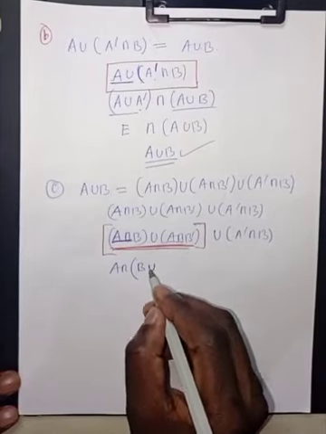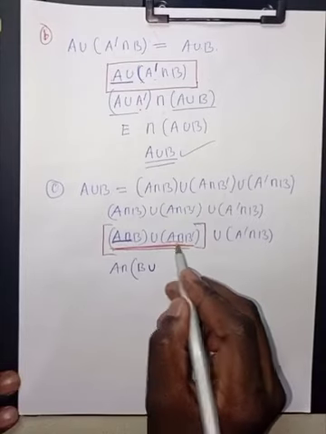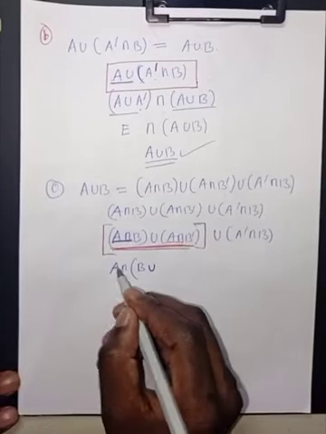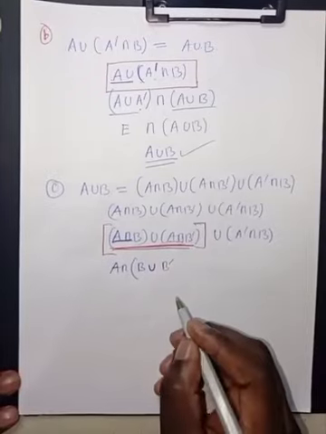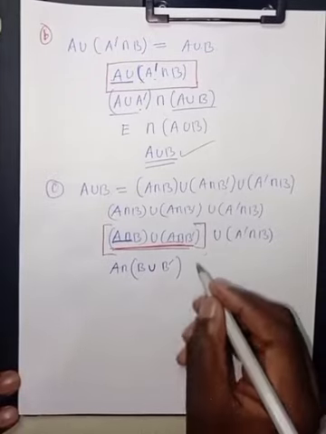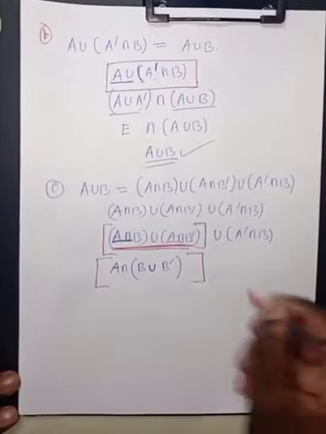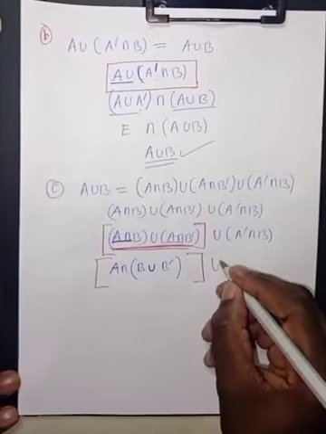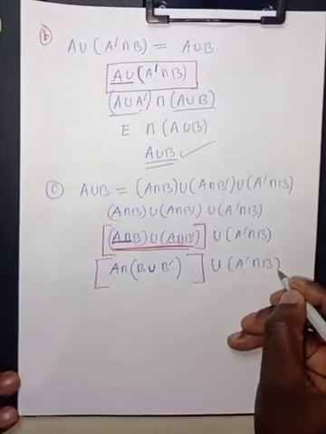So you put in your union symbol here. Then we come to this segment. A intersection is already outside. So what is left here is basically B complement. Then you do that. Then we know that we are working with this one first, and then we're going to pair it with what we have on the other side.